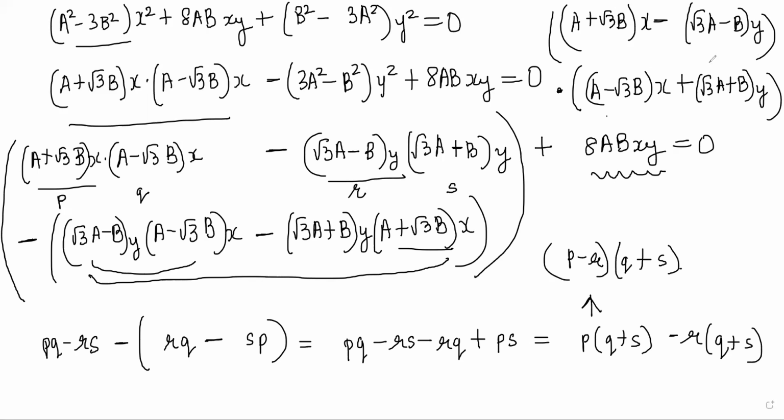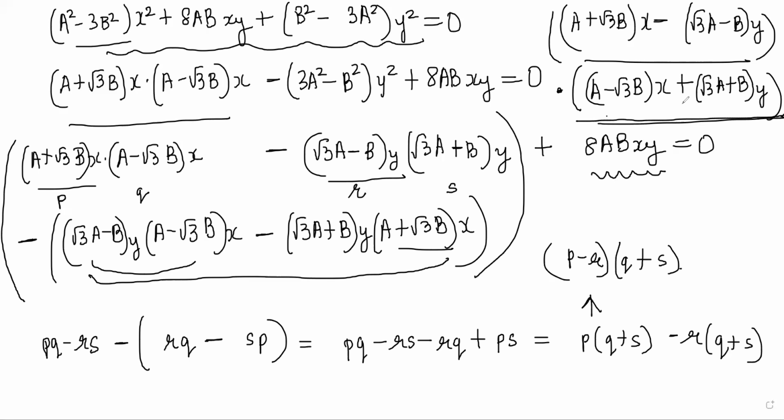This is the factorization of this expression. Obviously it's not easy, but we have got the factorization. So we know the two lines are this and this. Once you know the line, you know the slopes, right? y is equal to mx.